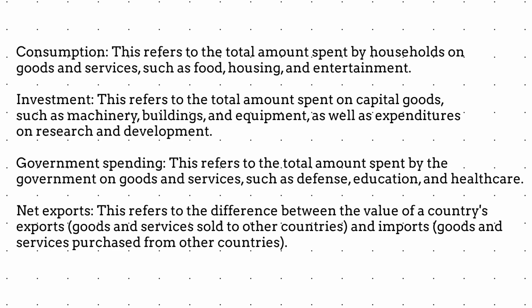Government spending. This refers to the total amount spent by the government on goods and services, such as defense, education, and healthcare. Net exports. This refers to the difference between the value of a country's exports, goods and services sold to other countries, and imports, goods and services purchased from other countries.